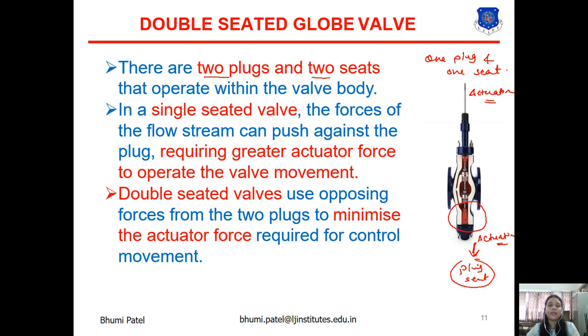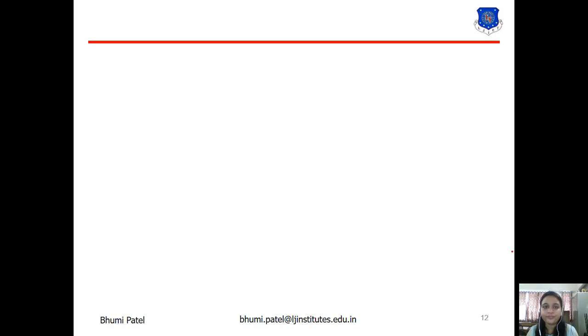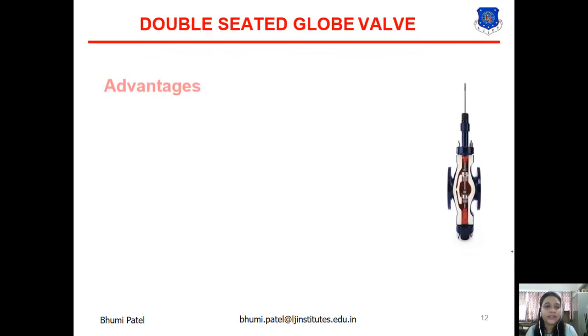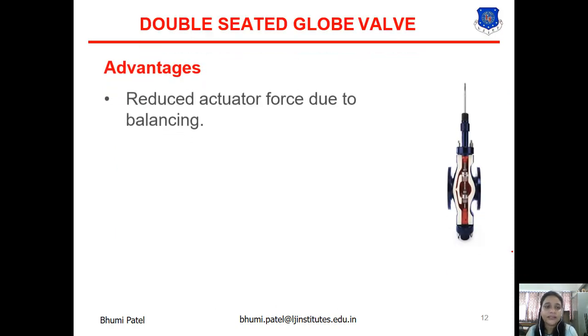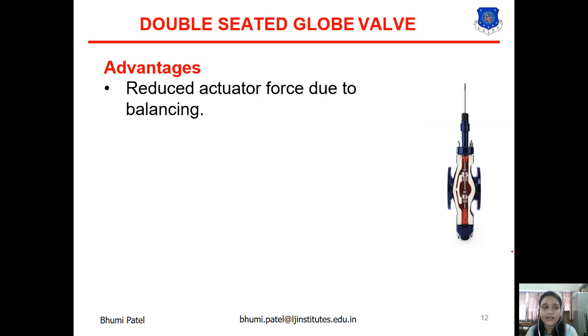What are the advantages of the double seated valve? In the double seated valve we use two plugs and two seats, so we can minimize the actuator force because of the opposing forces. The first advantage, as all of you know, is that it reduces the actuator force due to balancing.